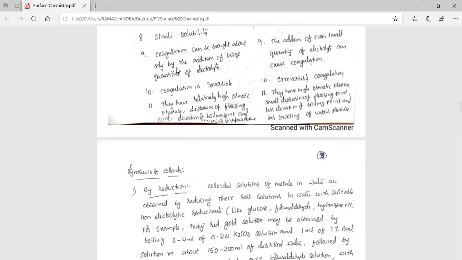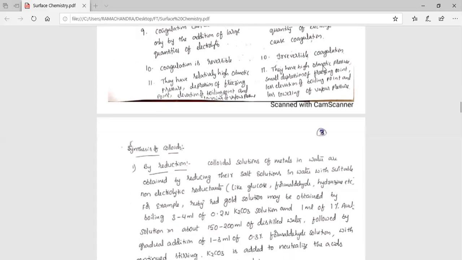Next, coagulation can be brought about only by the addition of large quantities of electrolyte in lyophilic solutions. Whereas even a small quantity of electrolyte can cause coagulation in lyophobic solutions.